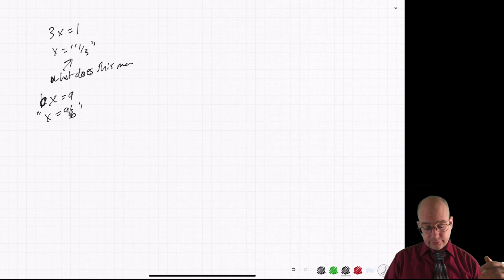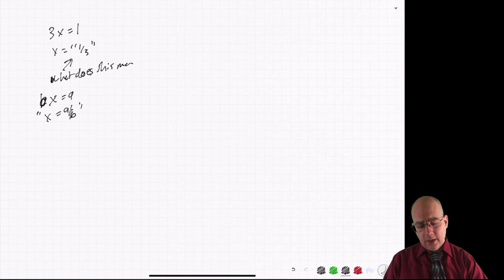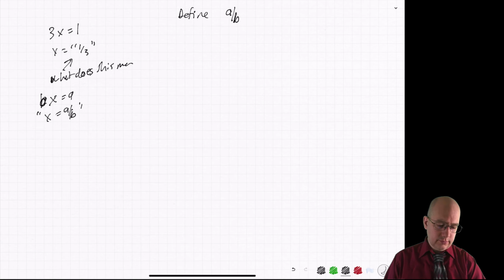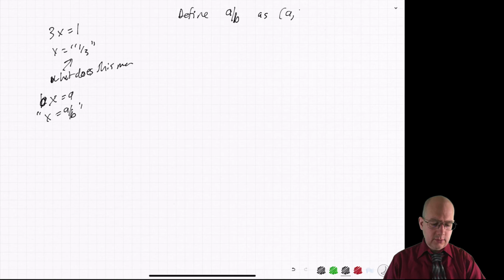And that doesn't exist yet. That's not an integer. Good, fine. So what do we do? Well, we just define a over b as, again, this pairing (a, b).